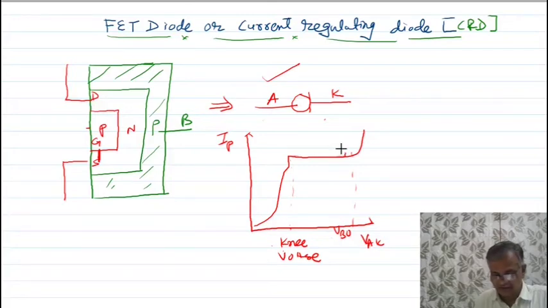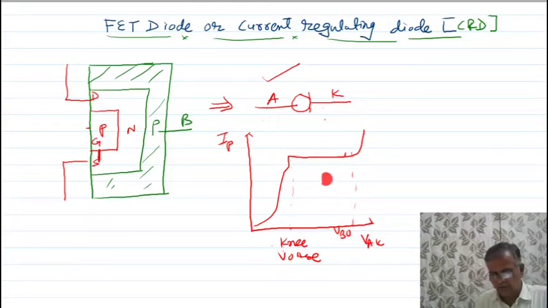So in a current regulating diode or FET diode, you have to keep the anode cathode voltage more than the pinch off voltage, and the current passing through this diode remains constant over knee voltage and below breakover voltage.